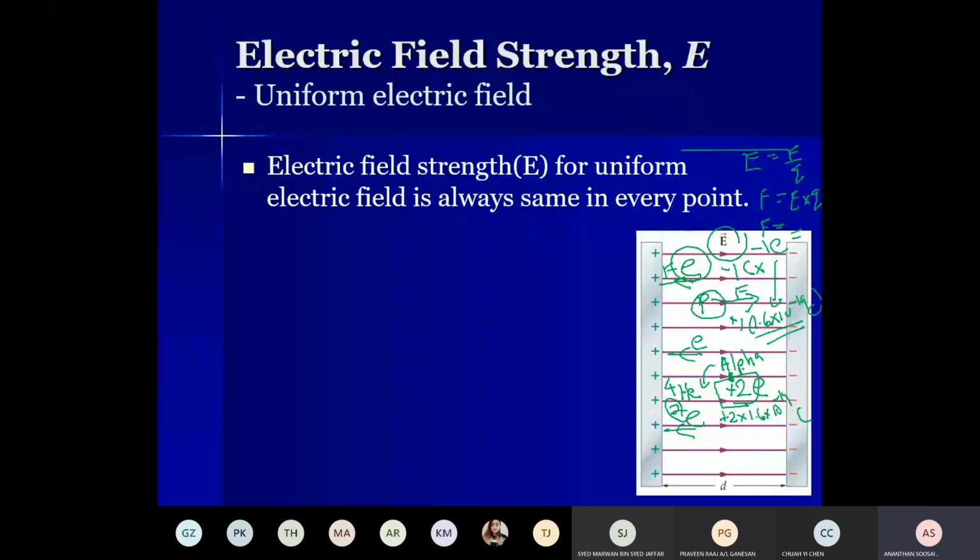So the force experienced by alpha, how many times greater than the electron? Electron is just 1e, alpha is 2e. Force is E times Q, and Q of alpha is 2 times greater than the electron.